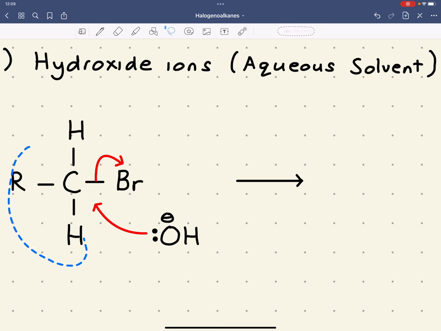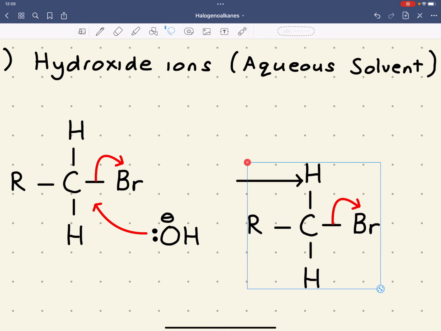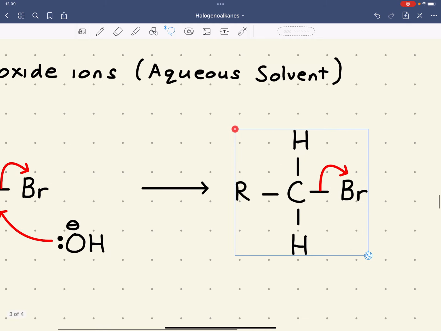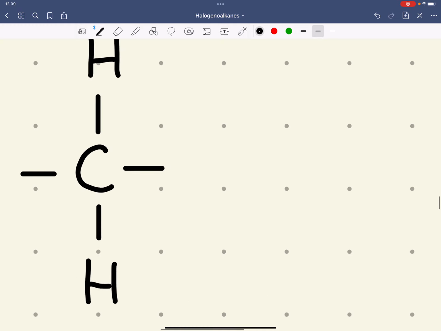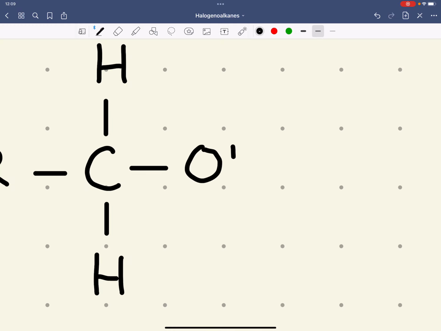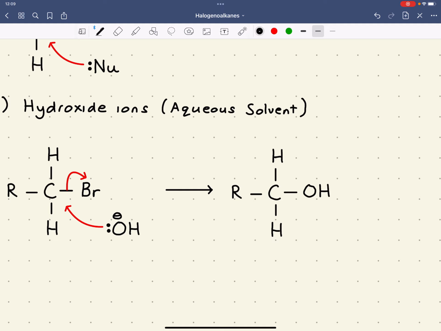And that then will produce our alcohol. So what we get then is this C-Br bond is broken and the OH takes its place, and that gives us an alcohol.